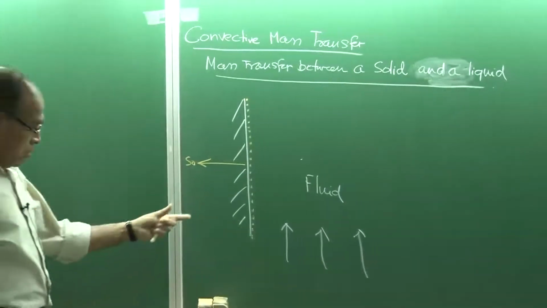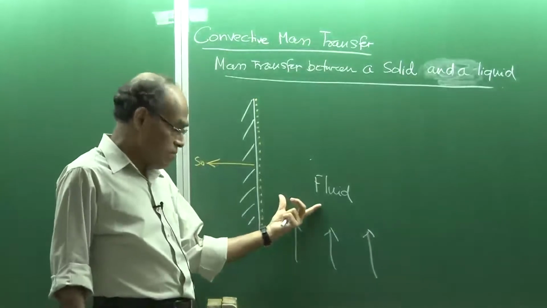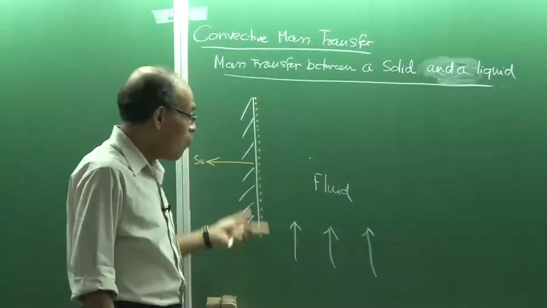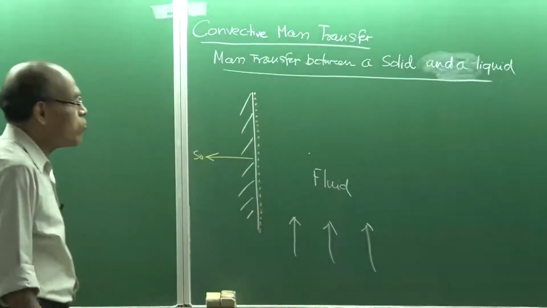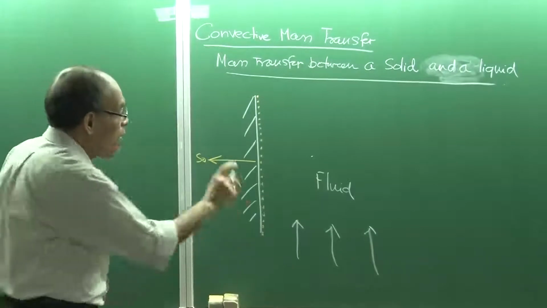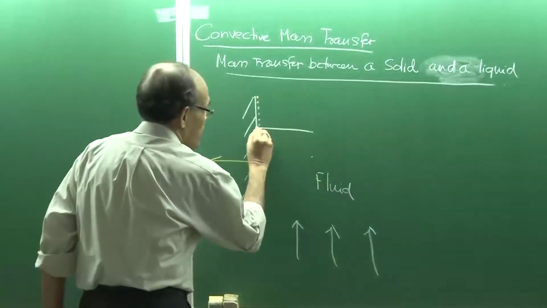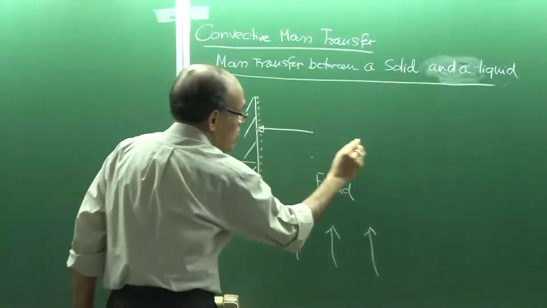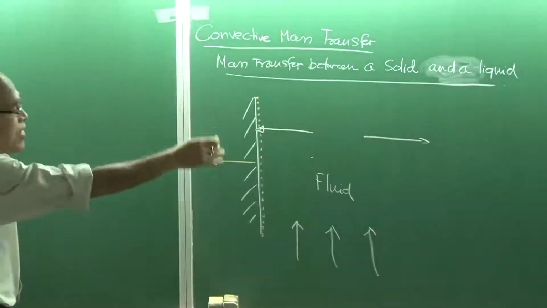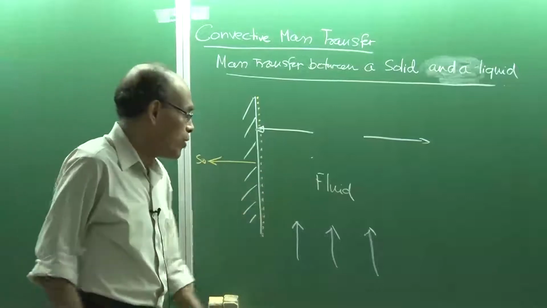So we now want to look at the rate of mass transfer, the mass transfer mechanism, how we can calculate and find out the concentration distribution in the fluid phase. So our domain of interest is now from the interface to my right, and that's the fluid phase.